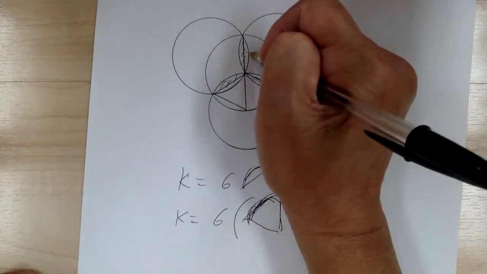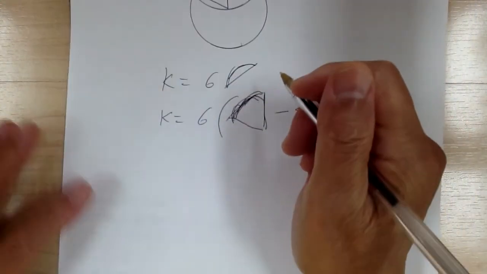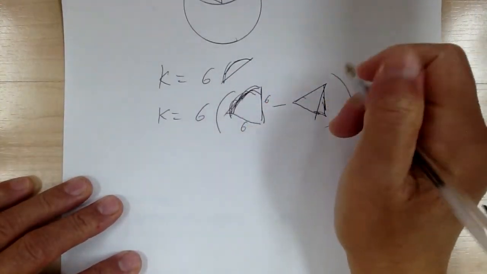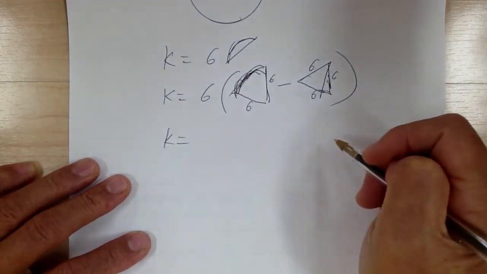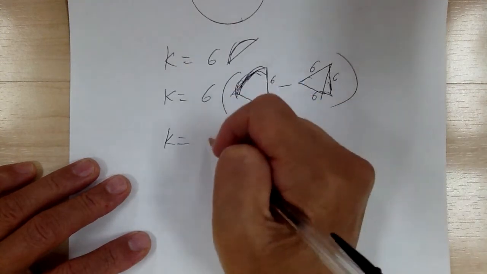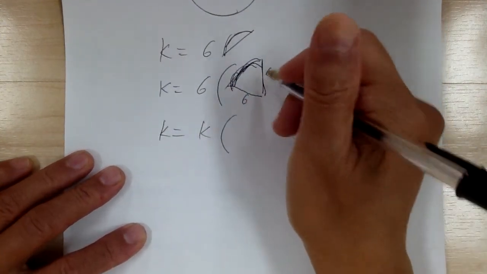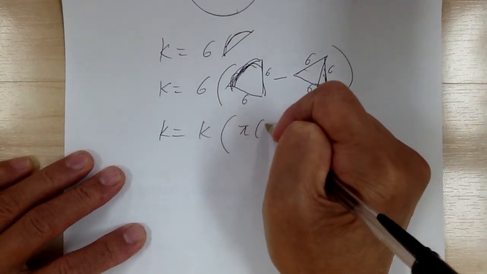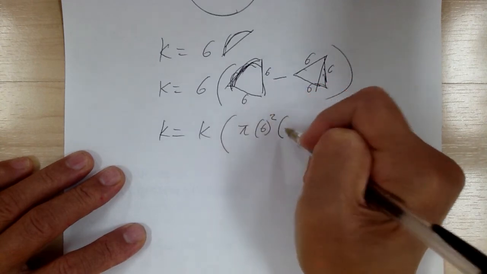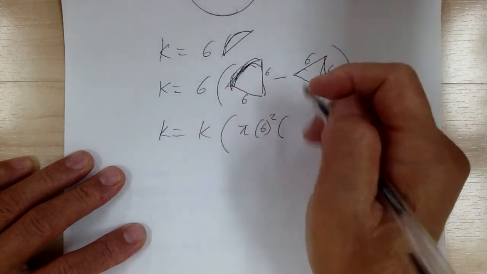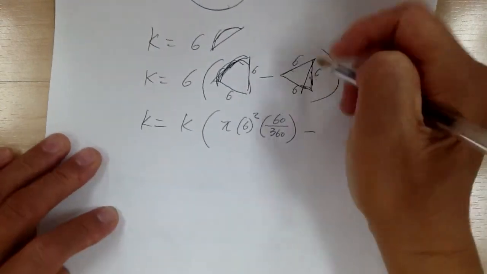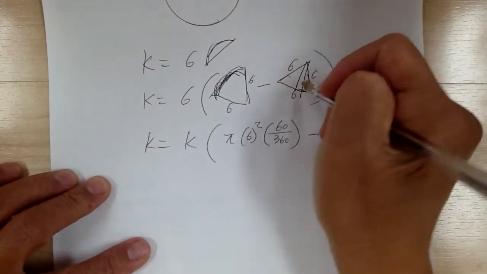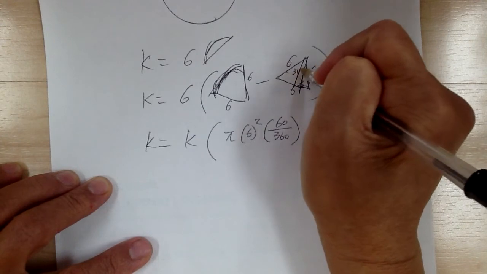So the area will equal 6 times, this would be pi r squared times the portion, which will be 60 degrees out of 360, minus, okay, so this one, this would be 3 square root of 3.